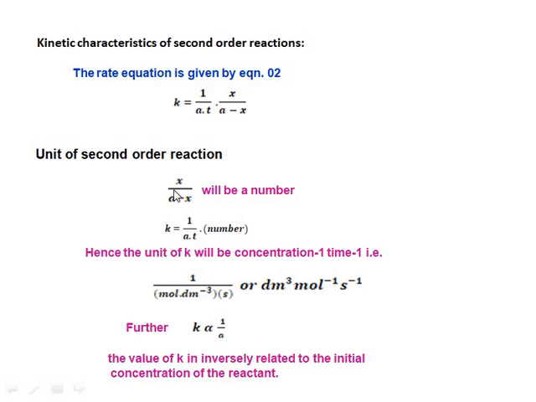The term x upon (a minus x) is a number, so the equation can be rewritten as k equal to 1 upon a t into a number, and hence the unit is per time per concentration, where a is the initial concentration and t is the time.